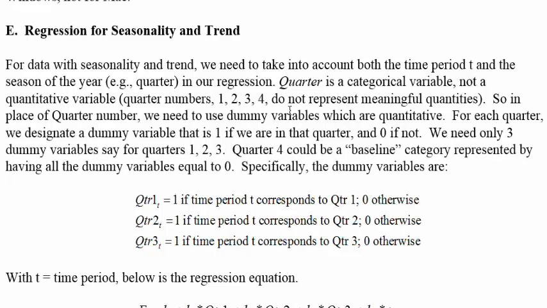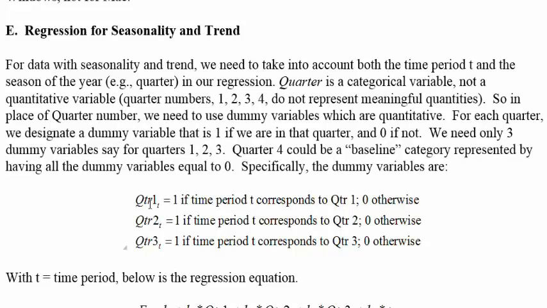So in place of the quarter number 1, 2, 3, 4, for each quarter we're going to have a variable. For quarter 1, here's a variable, let's say Q1, and it's going to be either 1 or 0. If I'm in quarter 1, then the value of Q1 would be 1. If I'm in quarter 2, I'm going to have another variable Q2, and I'm going to say Q2 is equal to 1. This is how it's going to work.